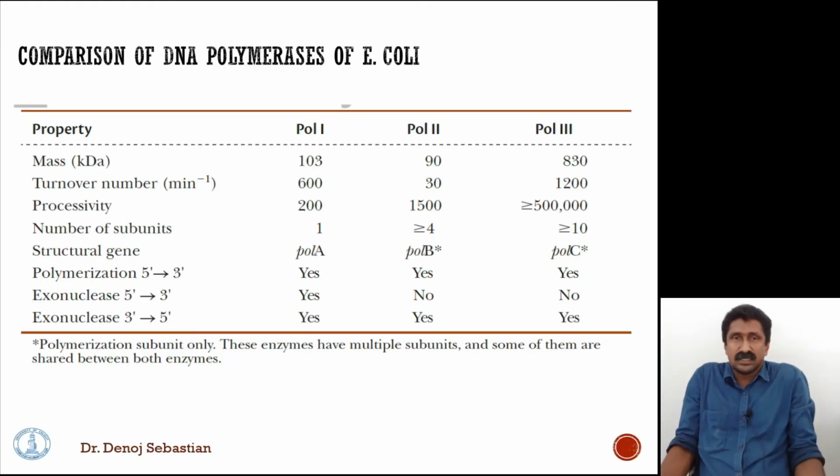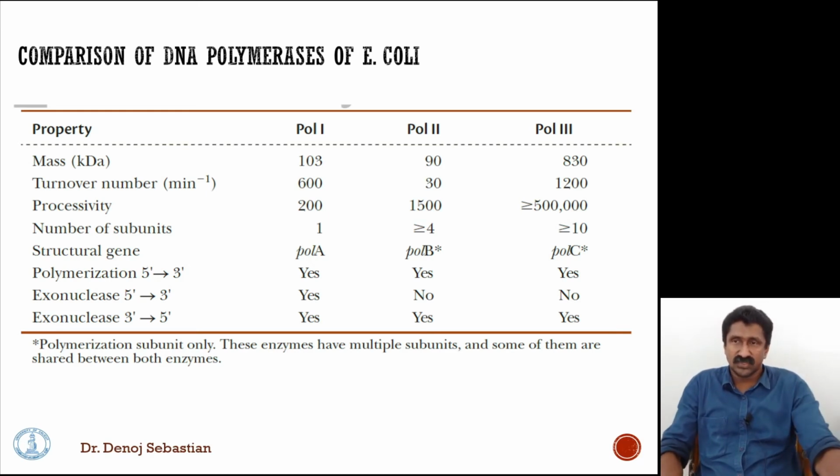Now, this is another comparison table in which the molecular weight in kilodaltons of the three enzymes is represented. Then the turnover number per minute, how many molecules were copied per minute, is represented. The processivity is also mentioned in another slide. Then the number of subunits is again a repetition of the previous ones.